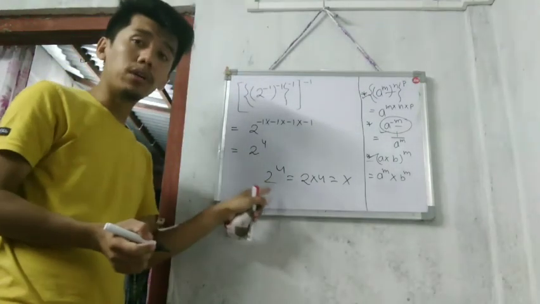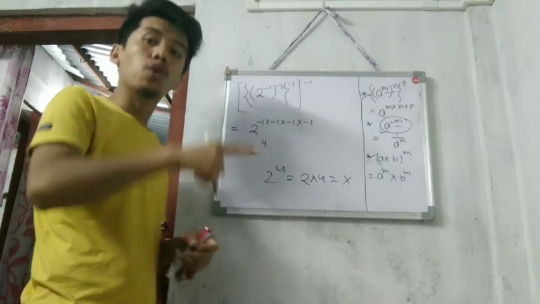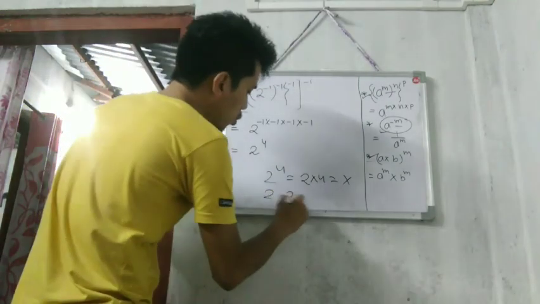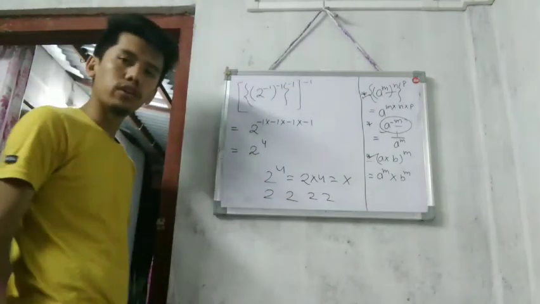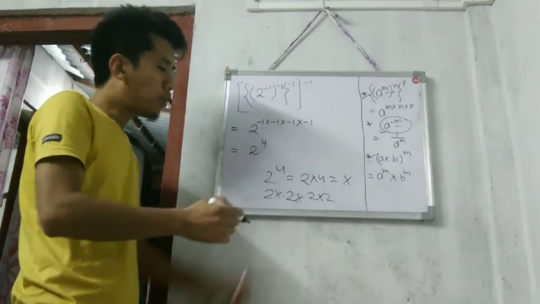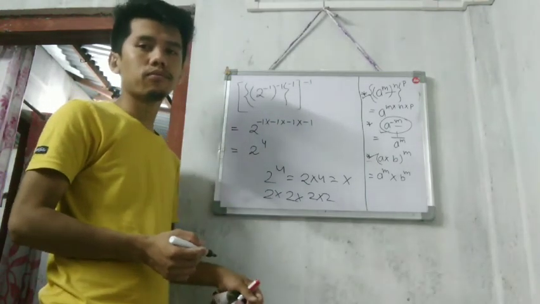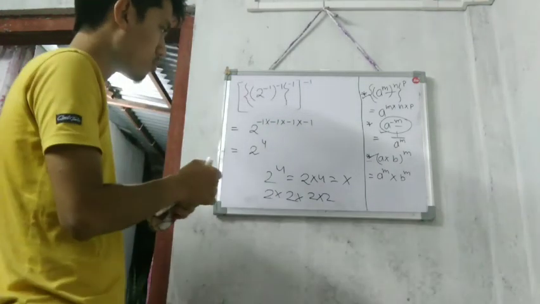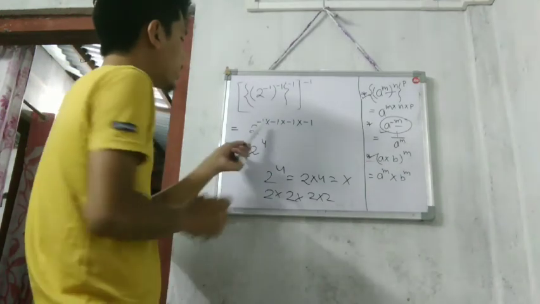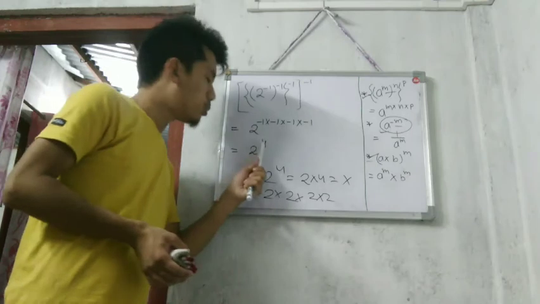That means we have to multiply 2 four times. That means write 2 four times: 2, 2, 2 and 2. Four times. Now multiply them. Whatever the multiplication is, that will be the answer. Same way, if I say 1 multiplied 4 times, it will be 1 only.